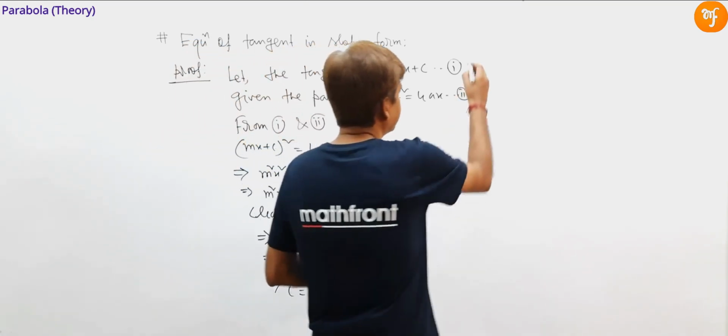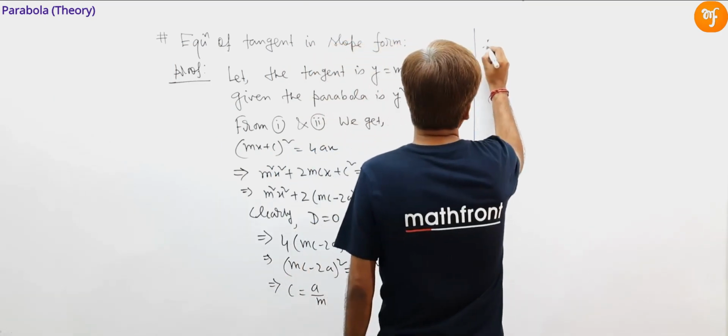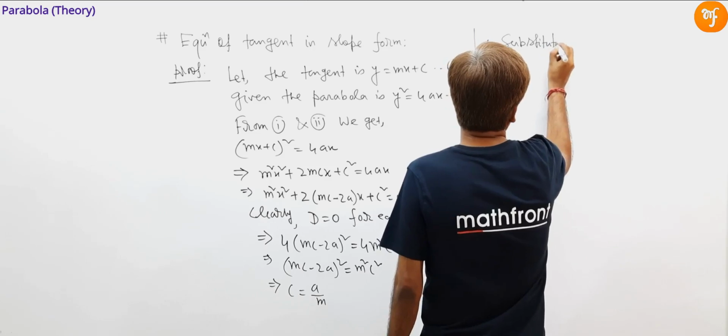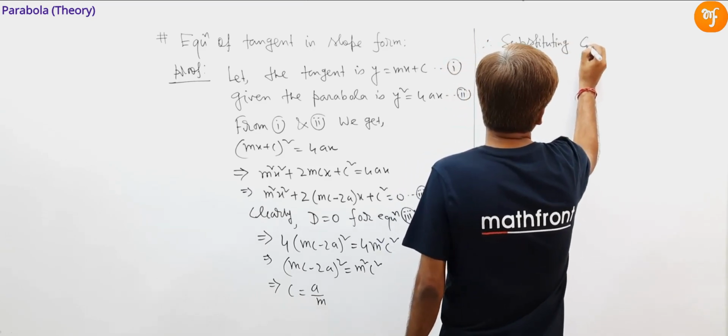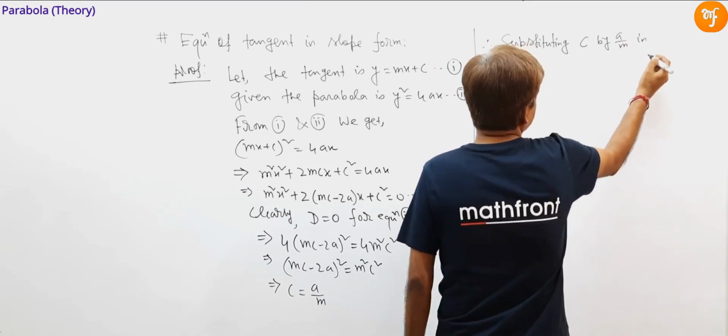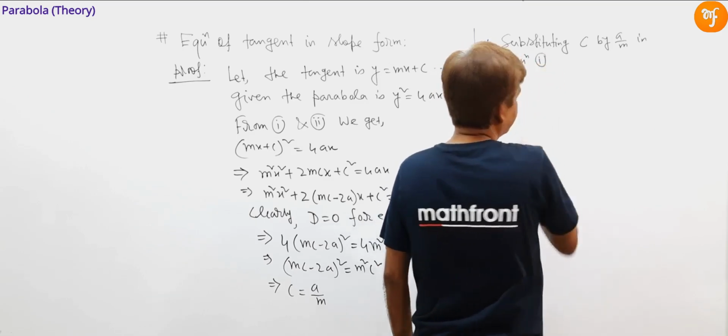So, writing here, therefore, substituting c is equal to a by m in equation 1. Okay.